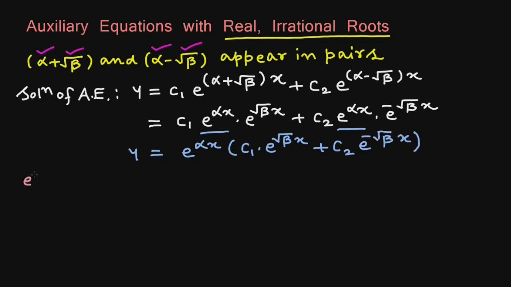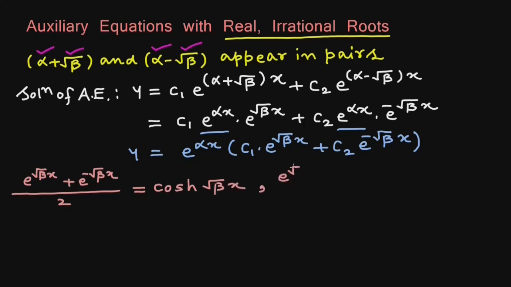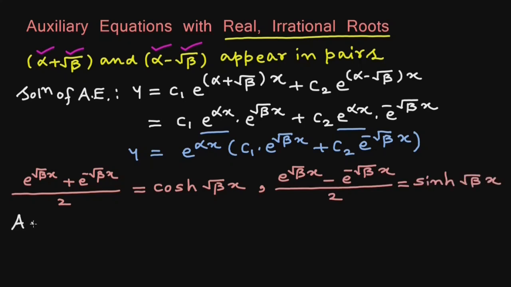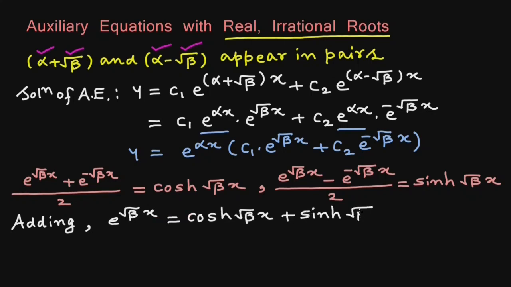Now we have e raised to root beta x plus e raised to minus root beta x upon 2 is cos h root beta x, and e raised to root beta x minus e raised to minus root beta x upon 2 is sin h root beta x. Adding them together, e raised to minus root beta x minus e raised to minus root beta x will be 0, and we will get e raised to root beta x equals cos h root beta x plus sin h root beta x.